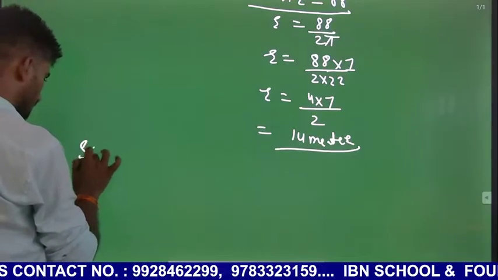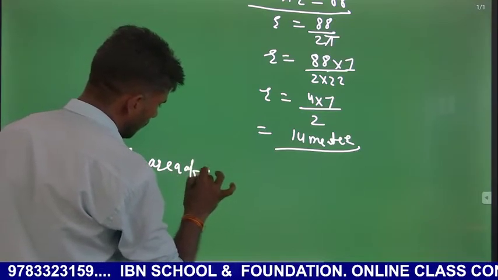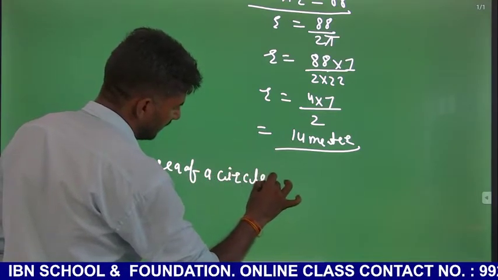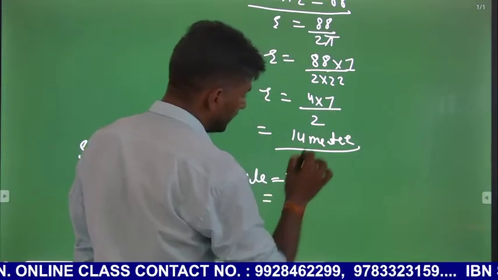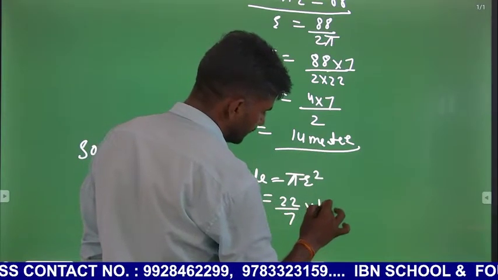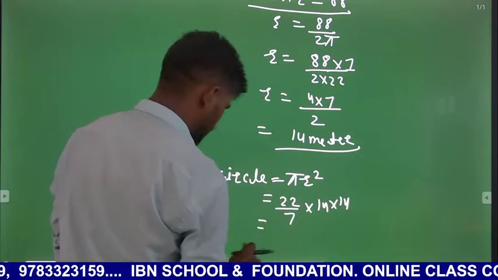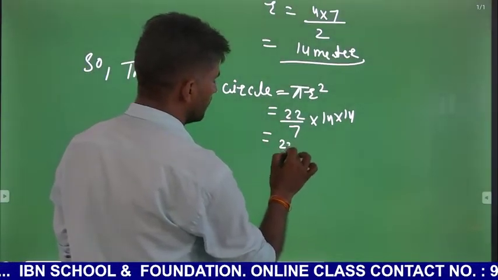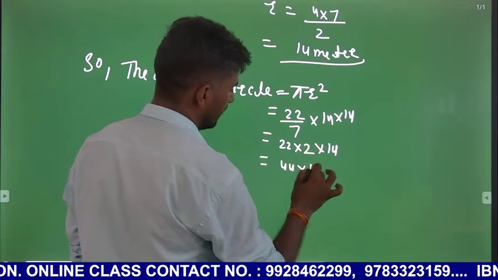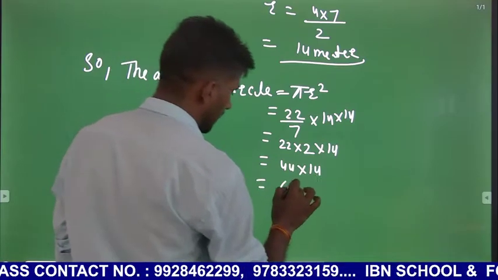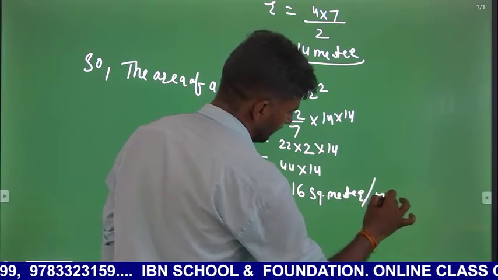So the area of a circle is equal to pi r square, and we put the value of r as 14. Cutting 14 by 7, 22 multiplied by 2 multiplied by 14, that means 44 multiplied by 14, which is 616 square meter.